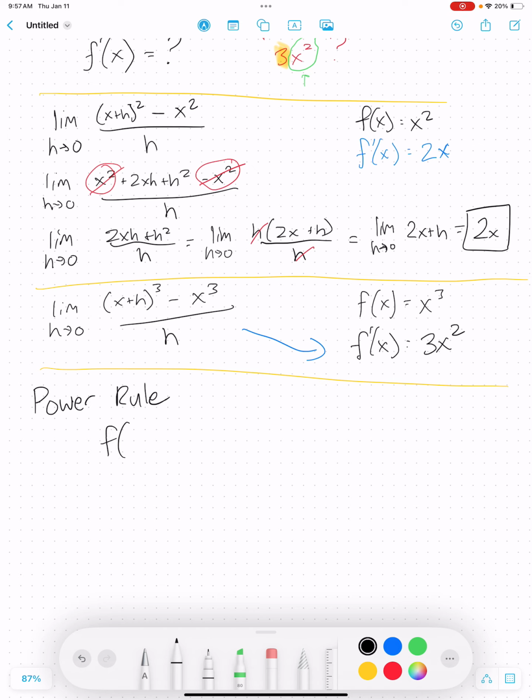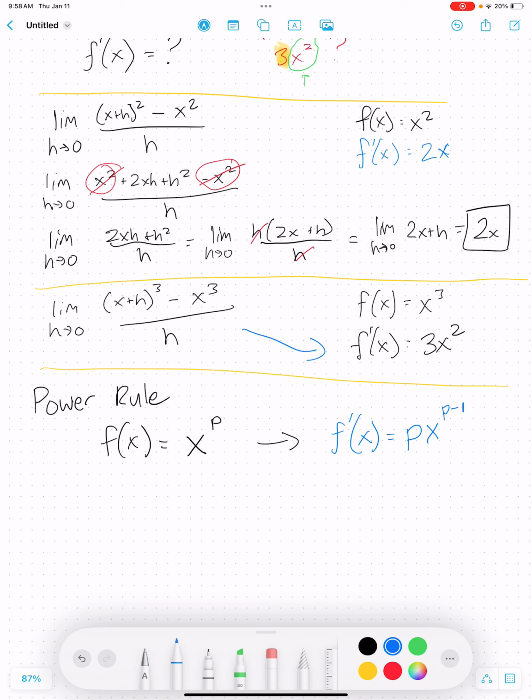If my function is in this form, x to the p, where p is some power, so this could be x squared, x cubed, x to the fourth, x to the fifth, then the derivative always follows the same pattern. It turns out that the derivative equals, you bring the p in front as a constant, whatever the power is, you multiply by that power, and then you decrease the actual exponent by 1.